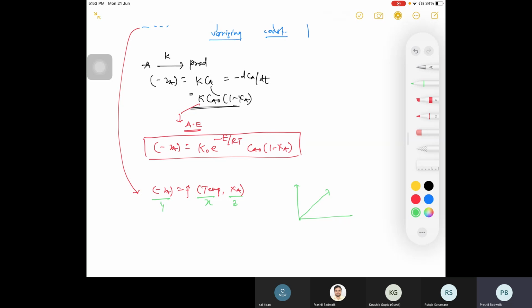So here it is your rate or your conversion with respect to what? Your temperature here. This is your 1 by minus Ra per kilogram. Here you can write temperature, or here it is conversion, or you can alternately change it.